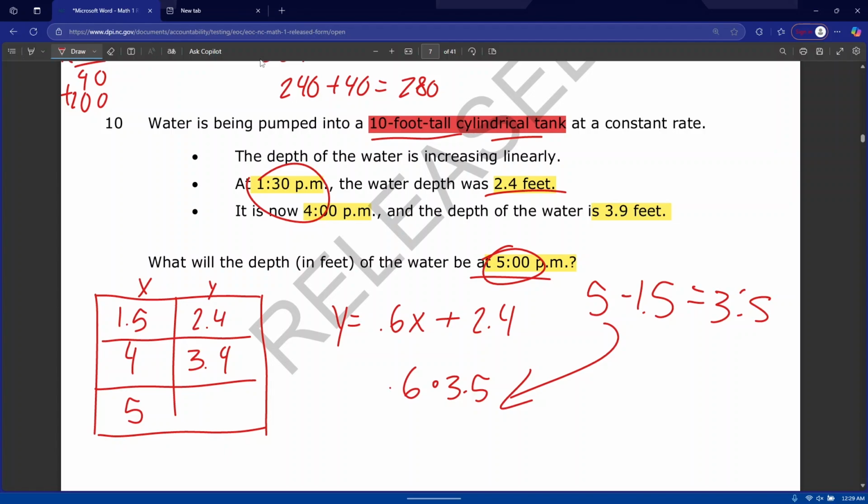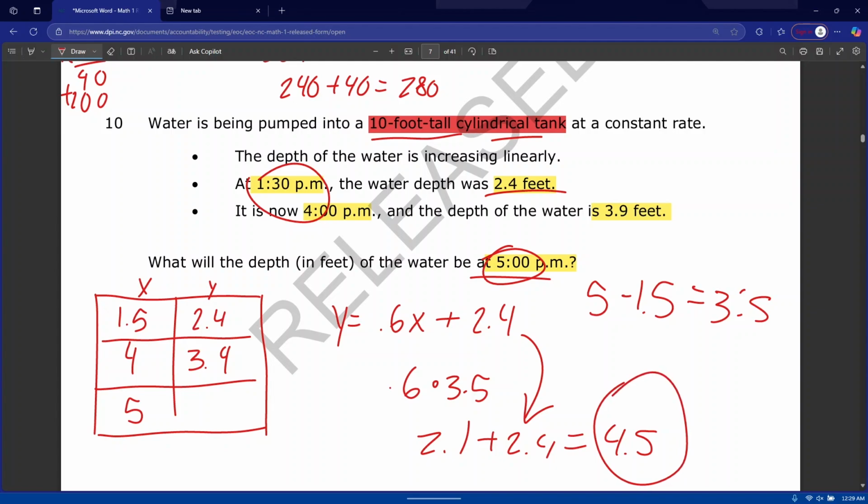It's the rate of change times the time between these two units of measure. Okay, what we get here is 2.1. But we're not done yet because we have to add our 2.4. So when we add that 2.4, we get 4.5. So at 5 p.m., our answer, or the depth in feet, is 4.5.